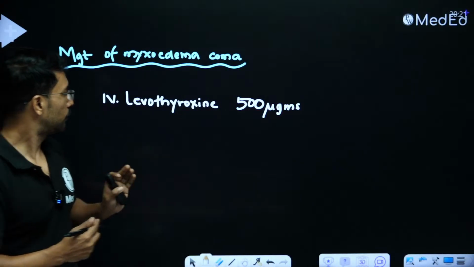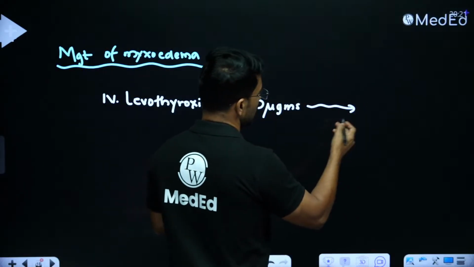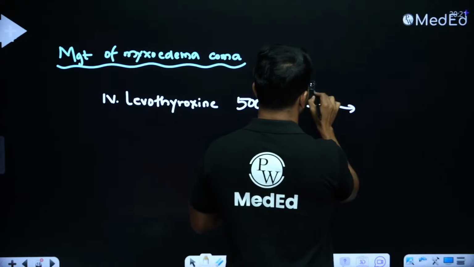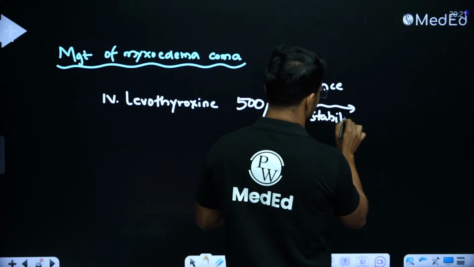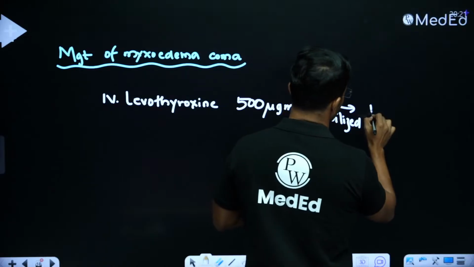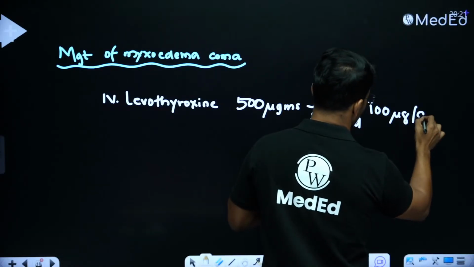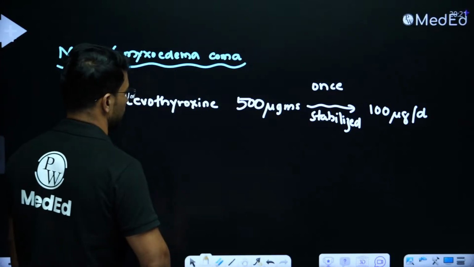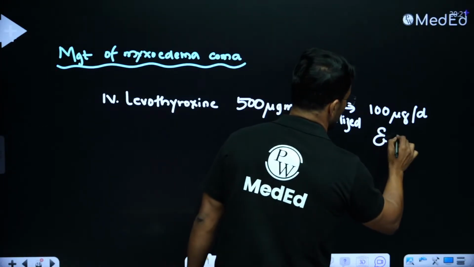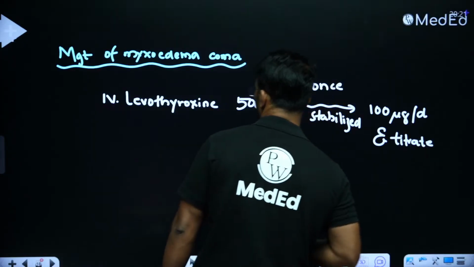So we give 500 micrograms of IV levothyroxine, and then once the patient is stabilized, we can give 100 micrograms per day, and according to the patient's thyroid functions we can titrate and titrate, like once we have the follow-up TSH, we can titrate accordingly.